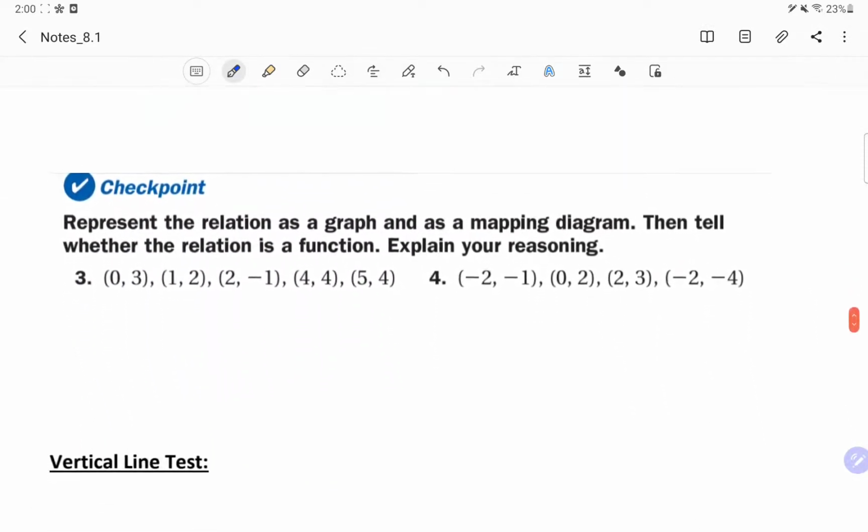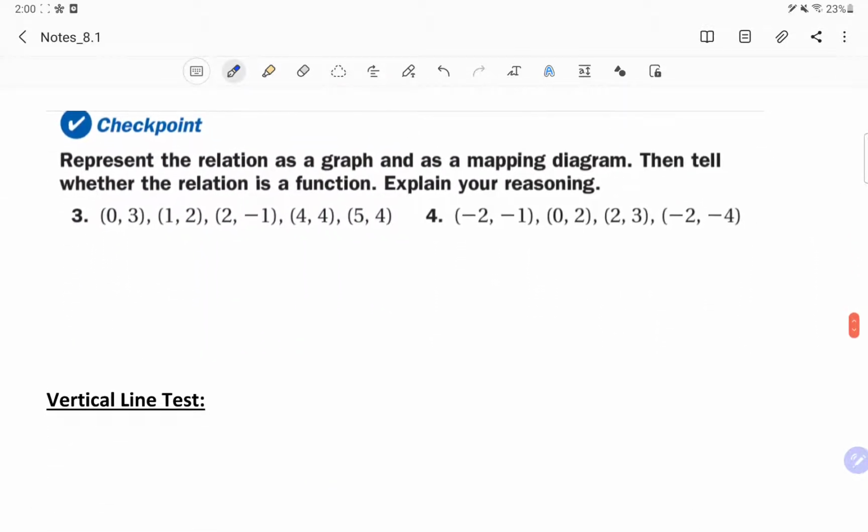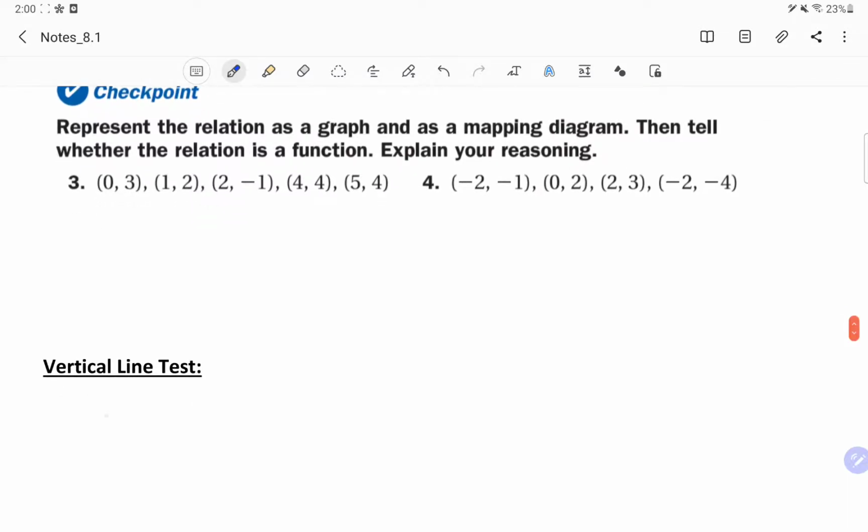All right, let's look at the last ones here. I want you to graph number 3. Well, first let's define vertical line test. So the vertical line test, okay, this is a test we can do.